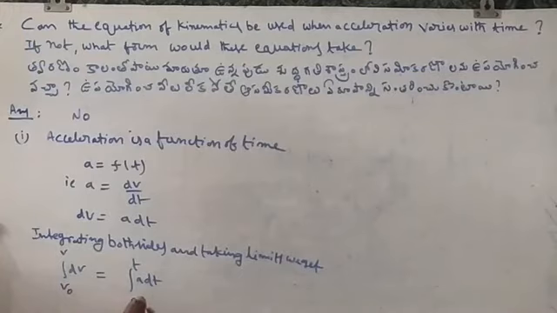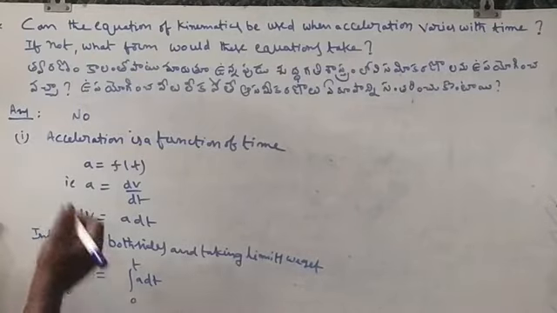Starting time 0, final time t. Initial velocity v0, final velocity v.